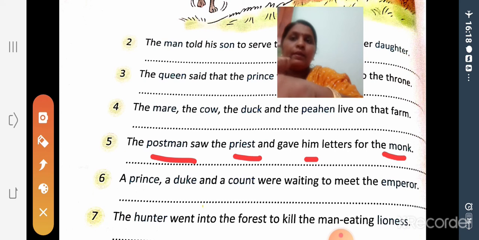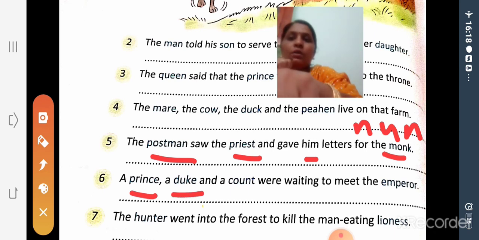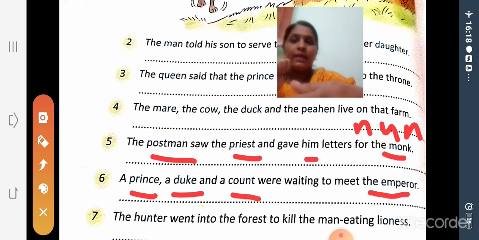Postman, postwoman; priest, priestess; monk, nun, N-U-N. Monk means sannyasi. Female sannyasi is nun. Then prince, duke, count, emperor: prince, princess; duke, duchess; count, countess; emperor, empress.